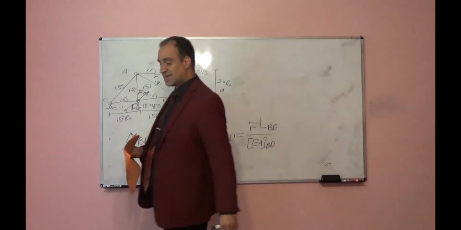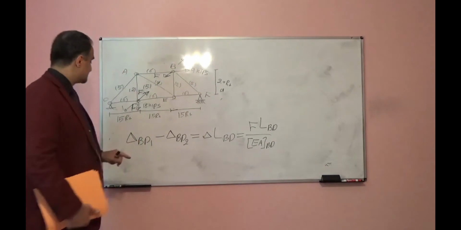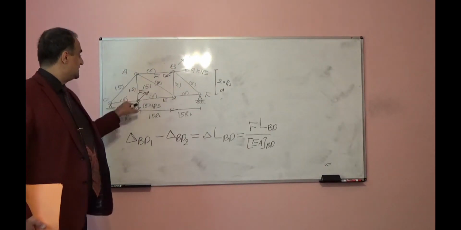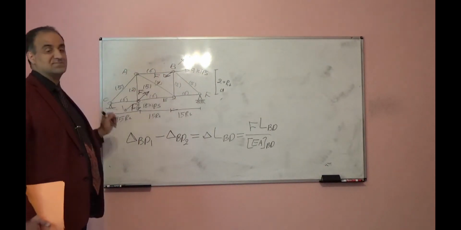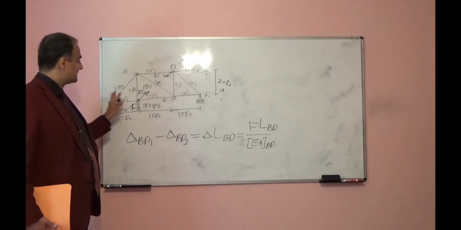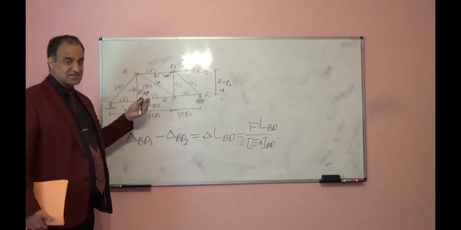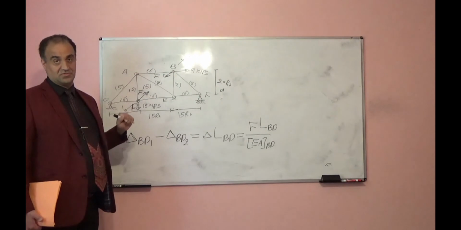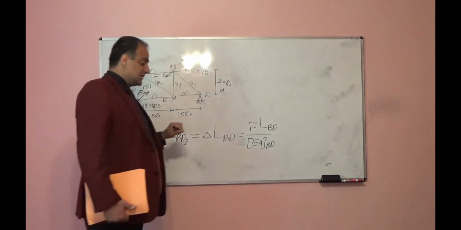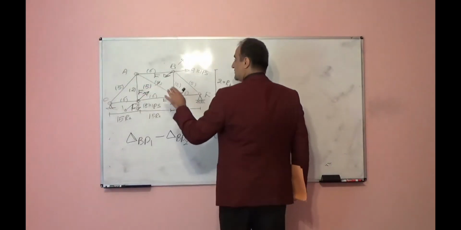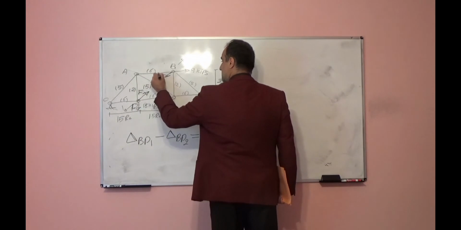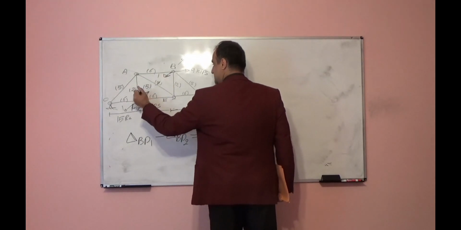In order to calculate the relative displacement of BD, if we don't have this member, what will we do? We will find the internal force in each truss member under real load. Then we will remove the real load. We will apply virtual load 1 and 1 in this direction.